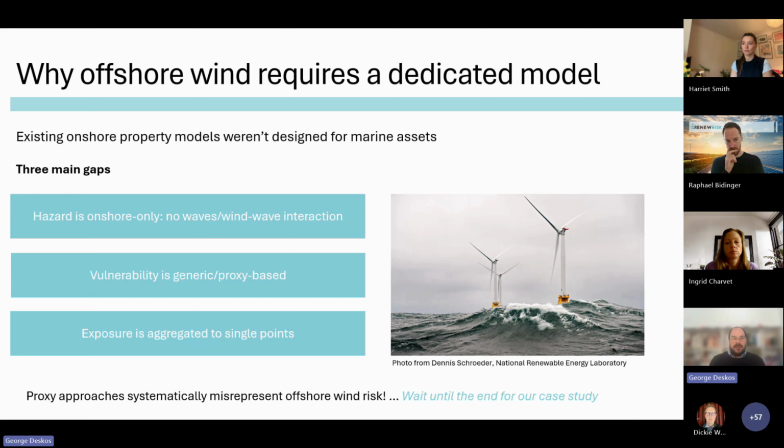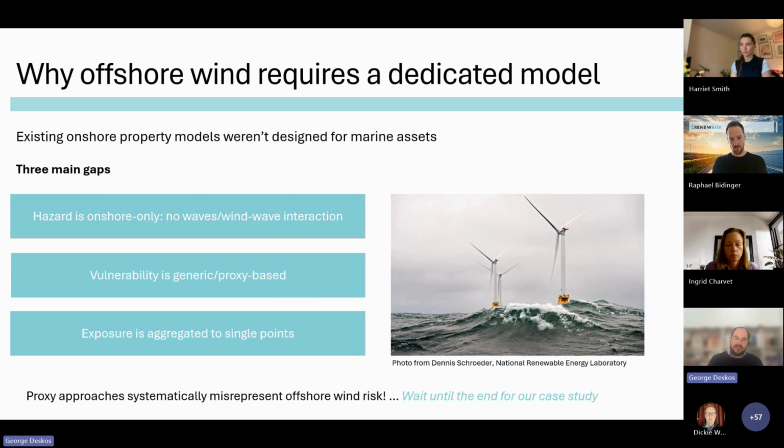But there's also the question, and I'm trying to show here, of why offshore wind requires a dedicated model and why existing onshore property models weren't designed for marine assets. I want to identify three main gaps here. The first is that the hazard in these existing models is onshore only. That means there are no waves and no wind-wave interaction.